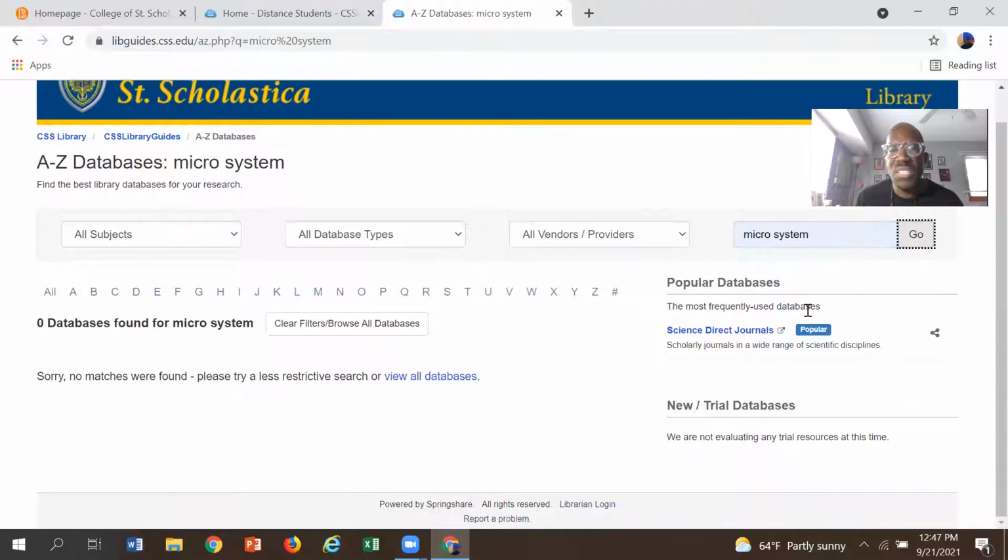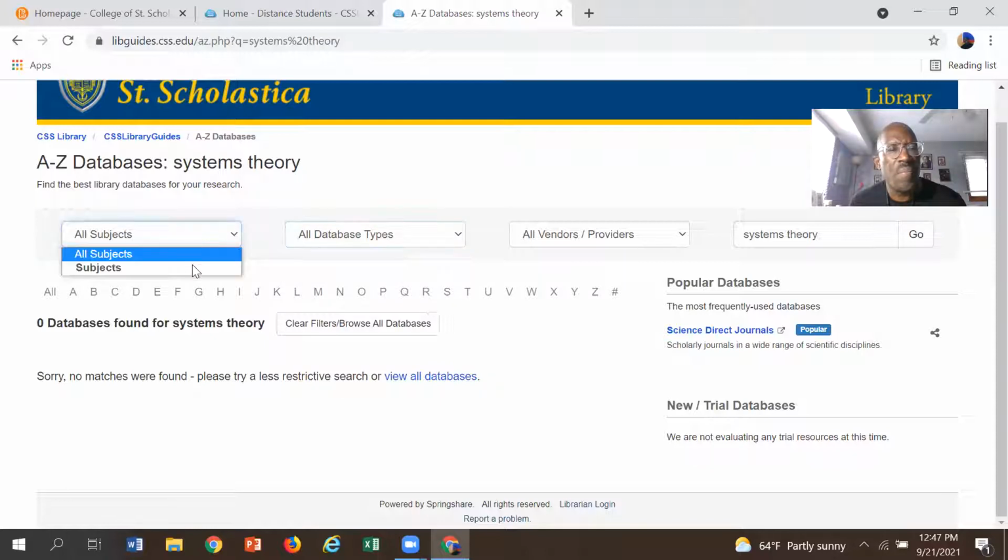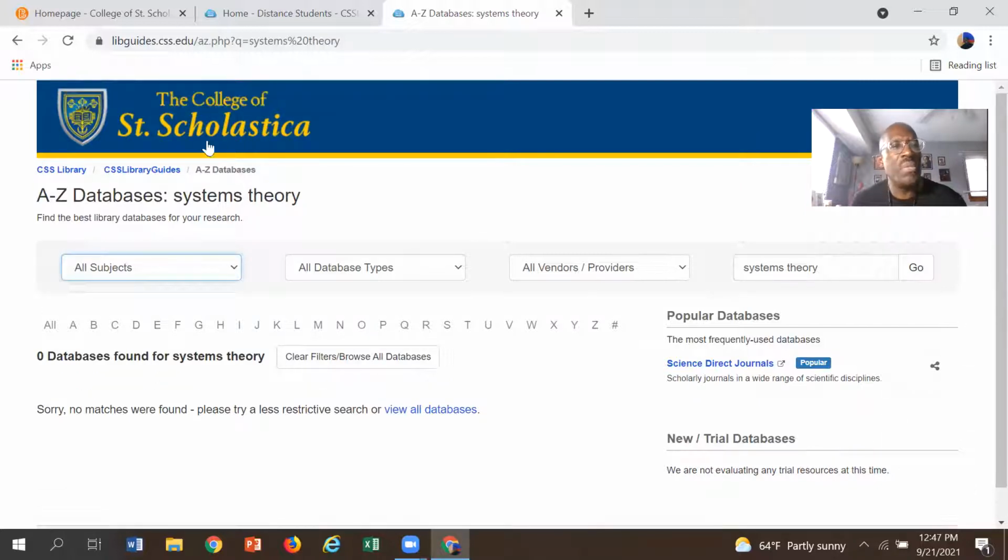I'm not finding anything. Why is it doing this to me? Let me try something else. I am not finding anything in these databases. So this is not being very helpful at all here.